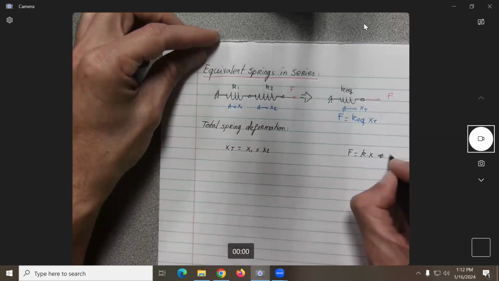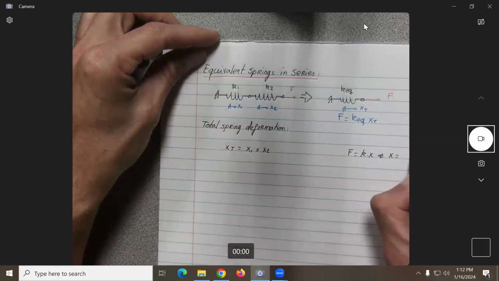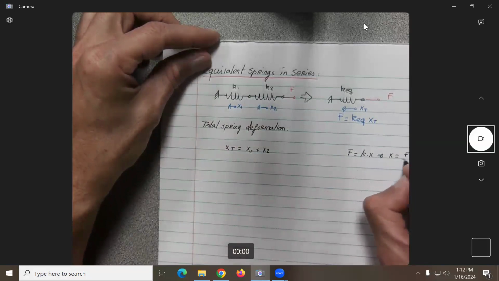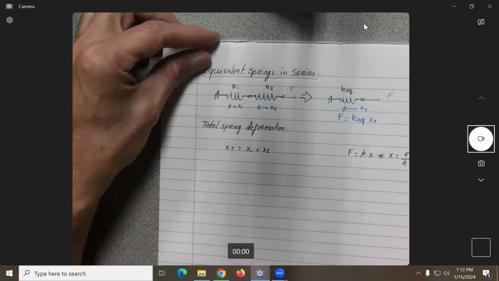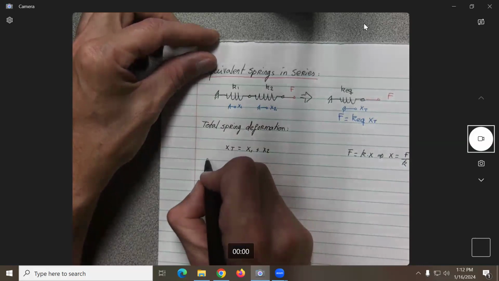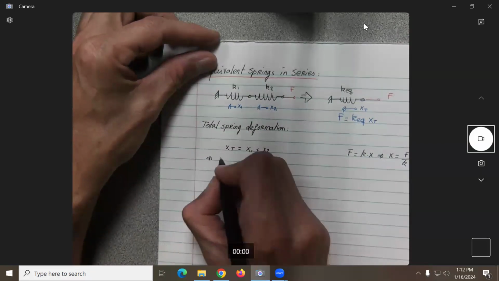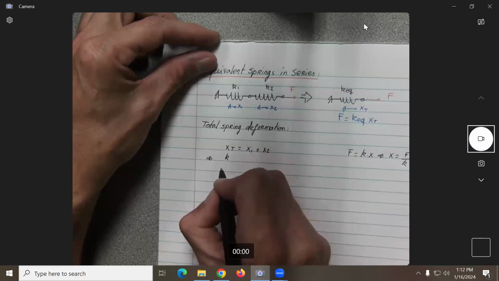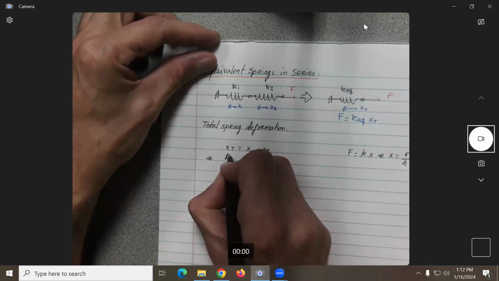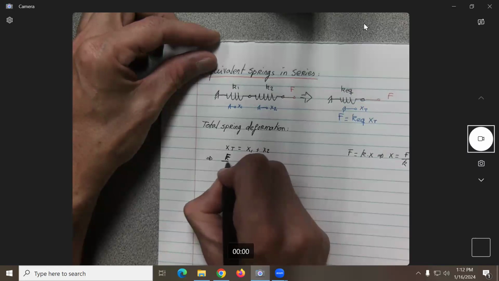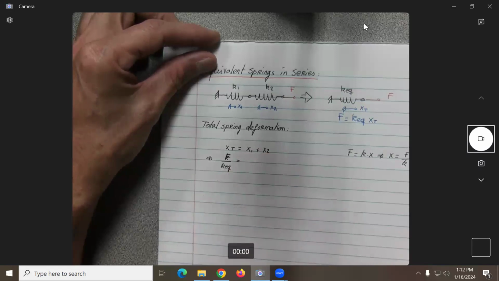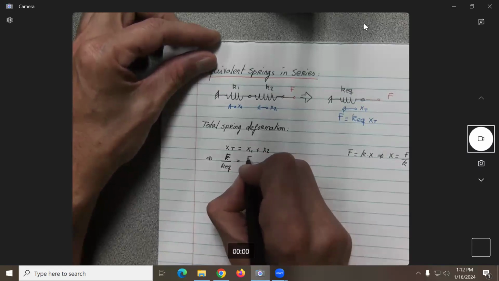So the deformation X is equal to F over K, no? So the total deformation X total should be equal to F over K equivalent.